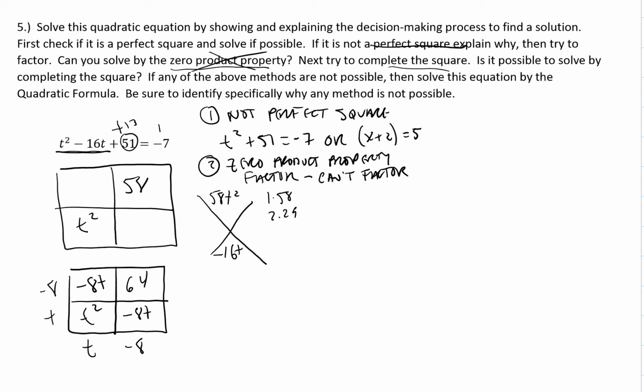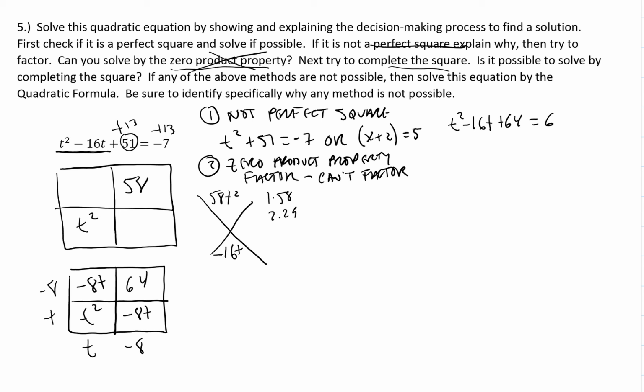If I add 13 here, I add it to the other side. So then when you do this, you end up getting t squared minus 16t plus 64 equals, so I'm adding 13 to negative 7, so that equals 6.